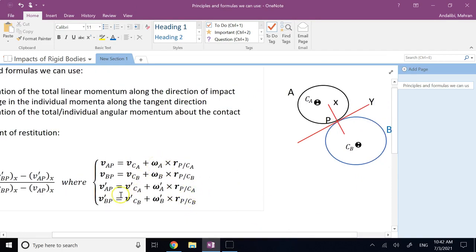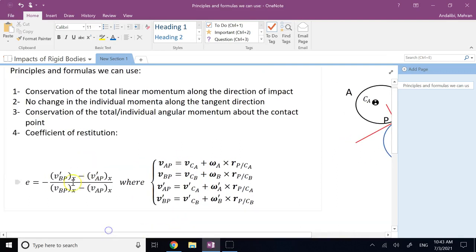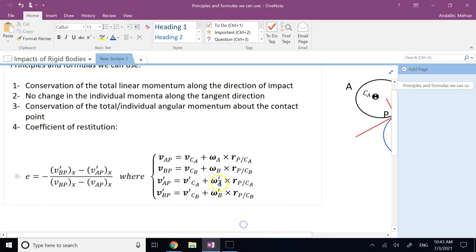So here I'm using this formula 4 times, 1 time for each object and 1 time for before and after impact. So each one of those terms in this coefficient of restitution formula, they come from these formulas, and they can have in general x and y components. All we care about is their x component. Only the x component all goes into this formula.